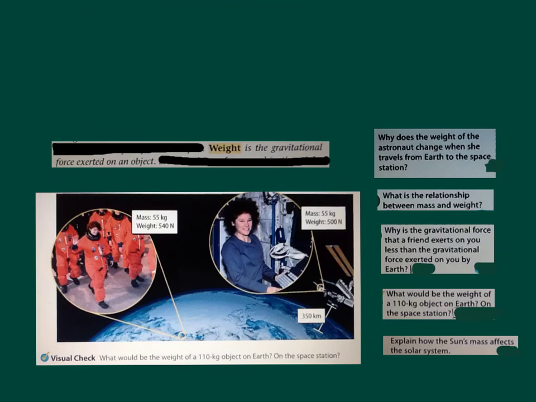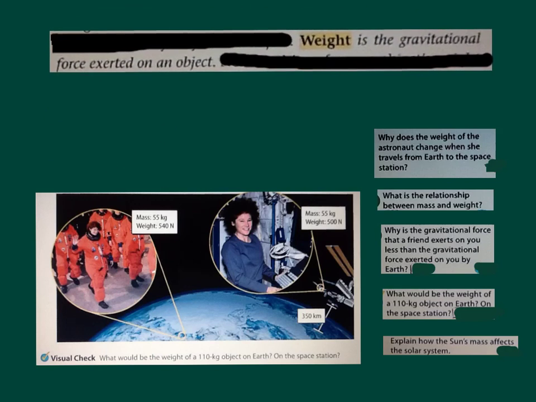Okay, now we want to talk about weight, which is a gravitational force. Earth has more mass than any object near you. As a result, the gravitational force Earth exerts on you is greater than that force exerted by any other object. So now we come to the next vocabulary word, which is weight.